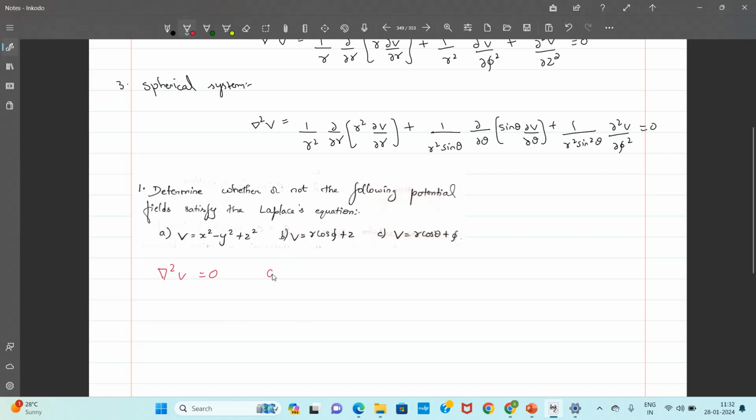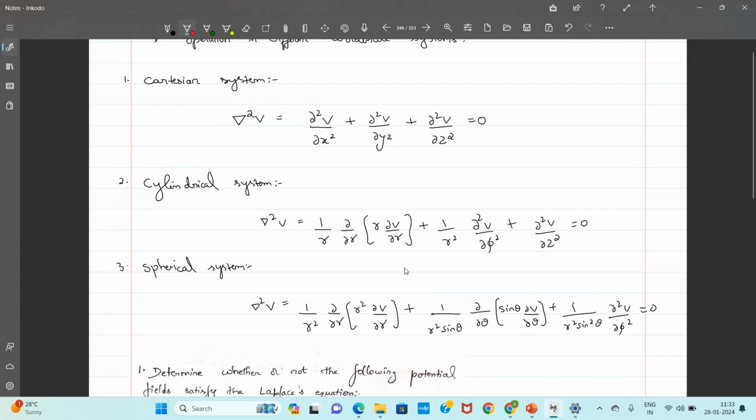We'll start off with the first equation, that is V equal to x square minus y square plus z square. Now if you see, the coordinates are x, y and z, which means this is the Cartesian system. So they have given you the equation in the Cartesian coordinate system, and for that the Laplace equation will be this.